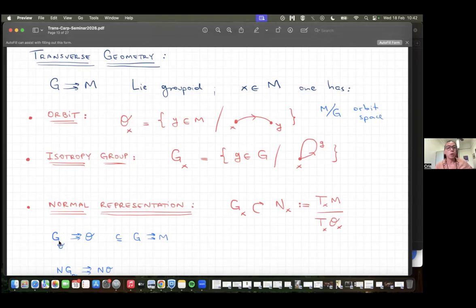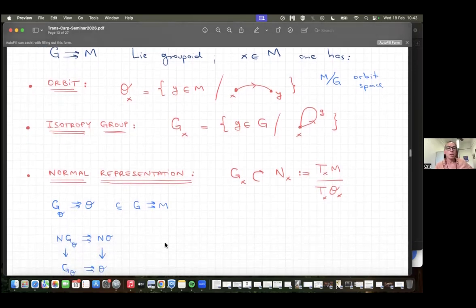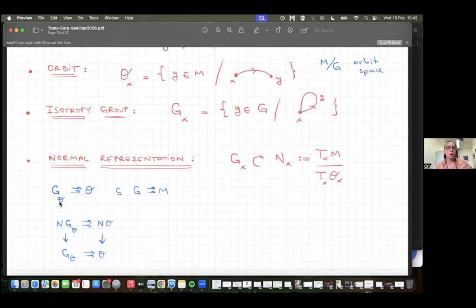This is a new groupoid, which is a subgroupoid of G. Now you can take the normal bundle of everything. The normal bundle of the restriction of G will be a vector bundle over G_O. And you can take the normal bundle of the orbit, a vector bundle over the orbit. It turns out that this thing is a VB groupoid.